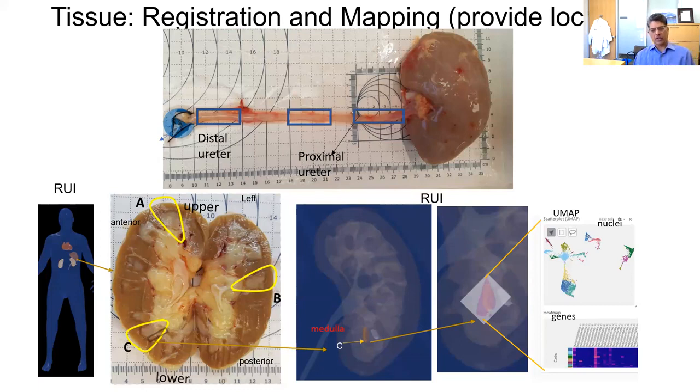And in the middle panel, in the lower side, here's medulla. So it basically registers that on a kidney diagram. And then we have all the molecular data on the right side that comes from that. So we can eventually link all of this omics data, the markers, to the exact location at the organ level. So we can go across different scales from the human body all the way to the molecular level.